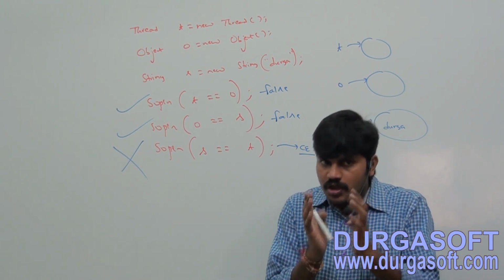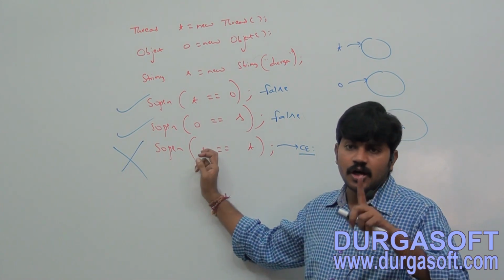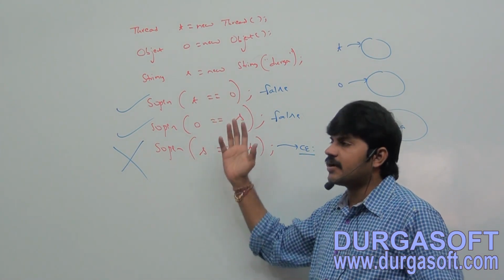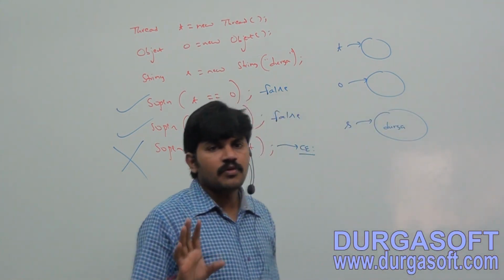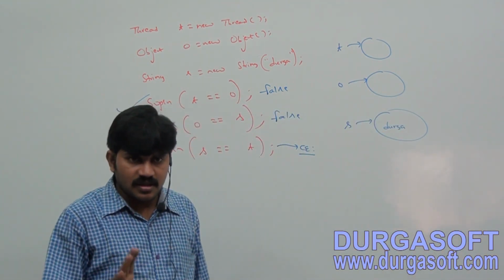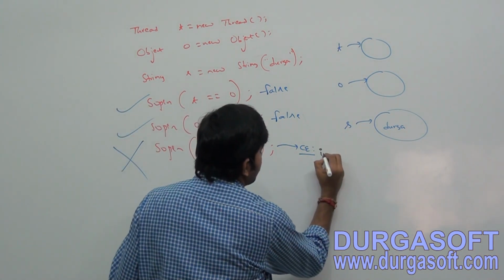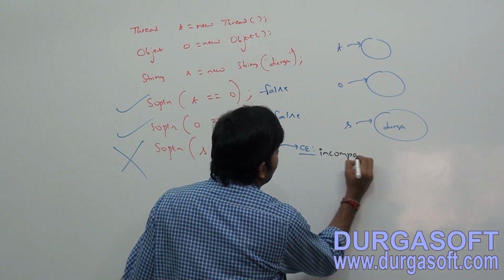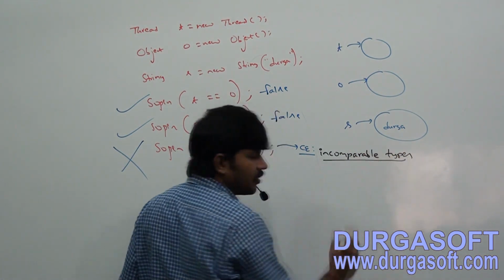If you want to use an equality operator, there should compulsorily be some relation between argument types: either child to parent, parent to child, or the same type. If there is no relation, then we will get a compile time error. Is it clear? Now observe what compile time error we are going to get. The compiler is a very decent person, have you observed?